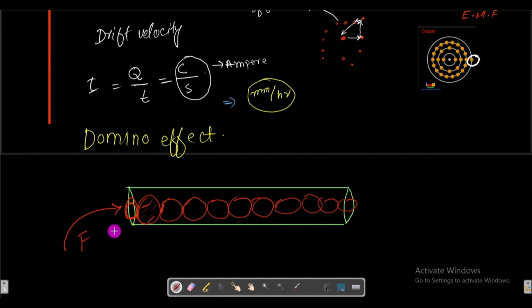This sort of effect is called the Domino effect, and it is used in daily life for critical thinking and for other applications.